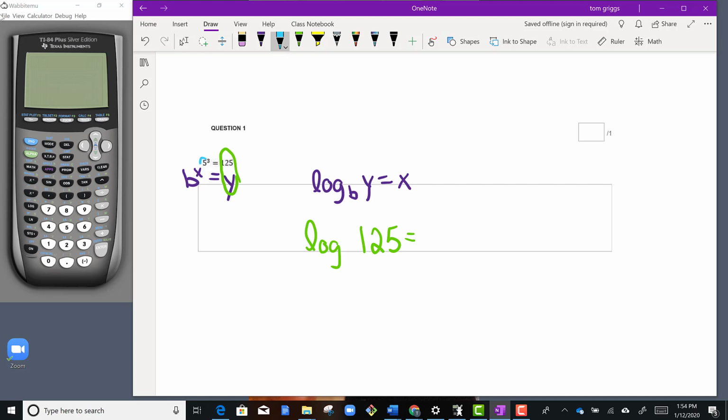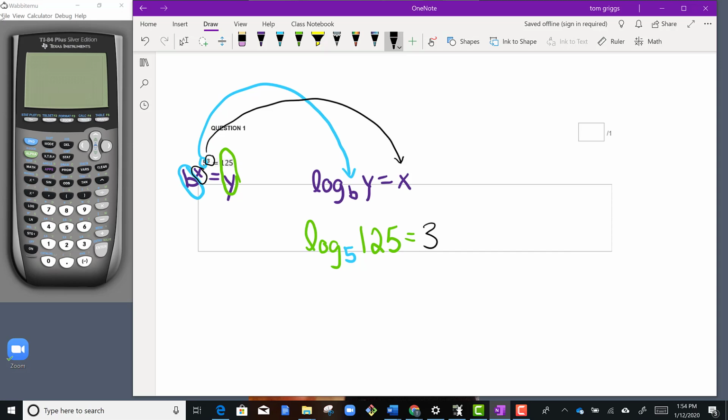You'll notice the 5 is the base, the big number. So the 5 is going to be inserted right here in log form. And then finally, the x is the exponent. So that 3 is going to go in for x here. We're just converting it from one form to another.